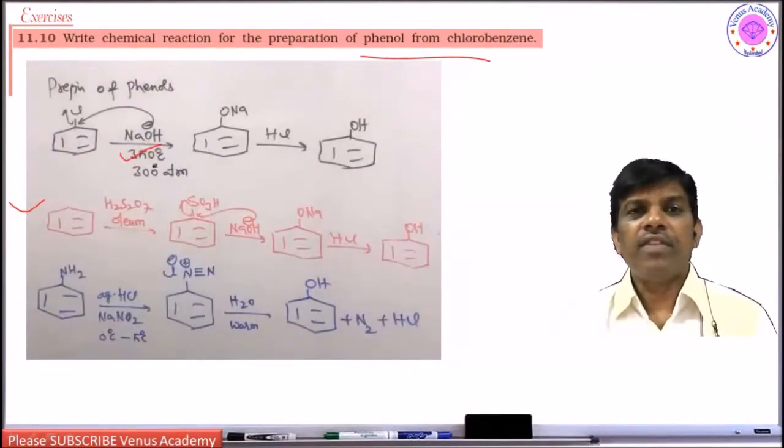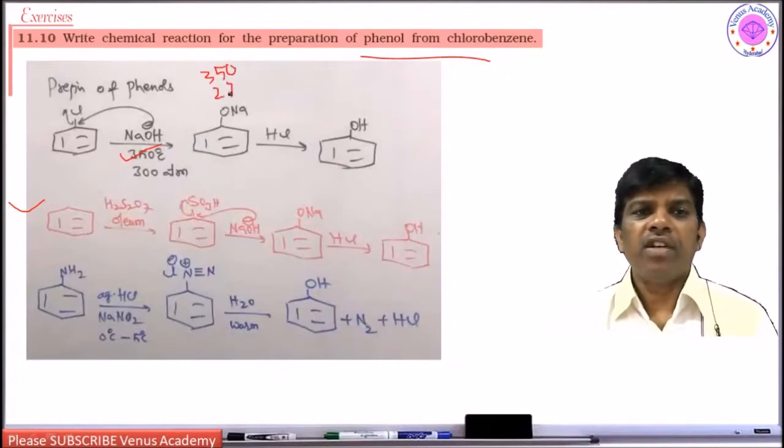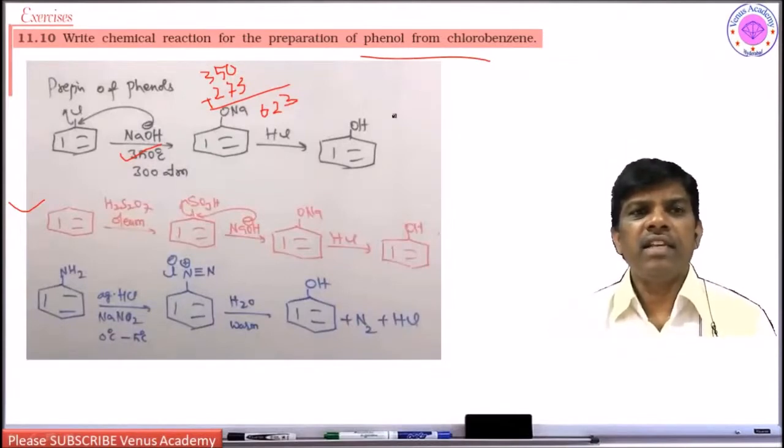So this is 350 degrees centigrade, which is a very high temperature. In your textbooks, it is given as 350 plus 273, that means Kelvin scale. So if I write in Kelvin scale, just add 273, it is going to be 623 K. So average 623 or 620 means it is a very high temperature.